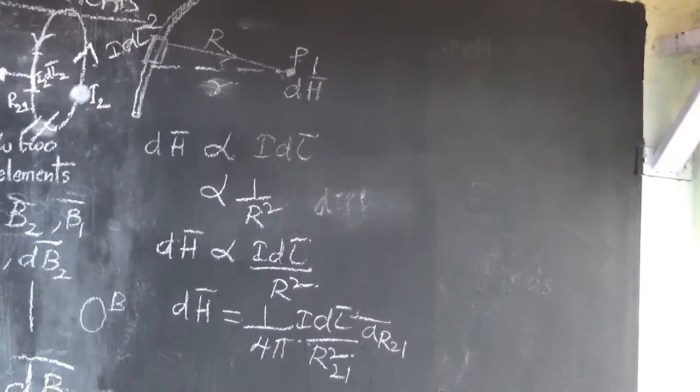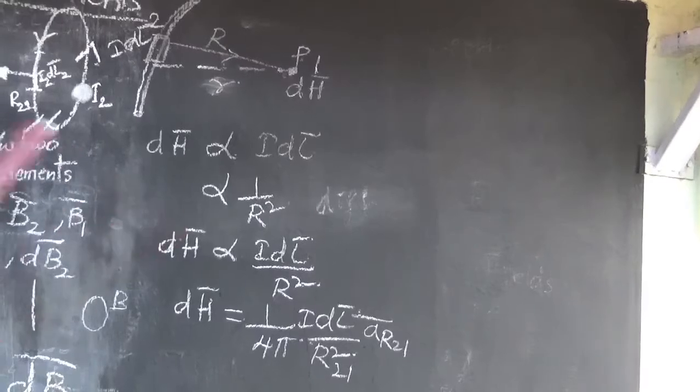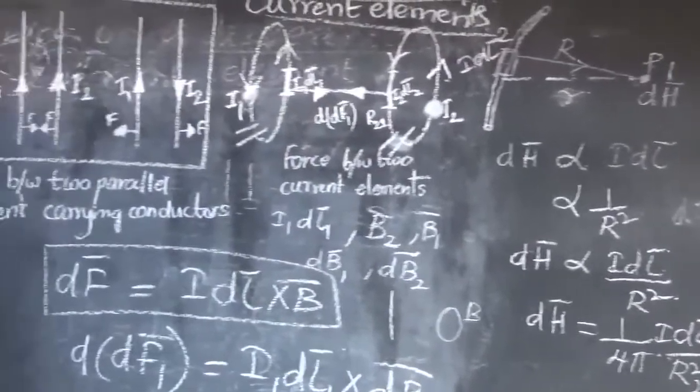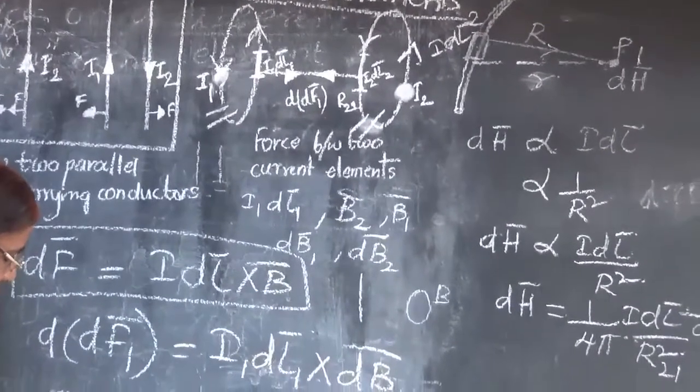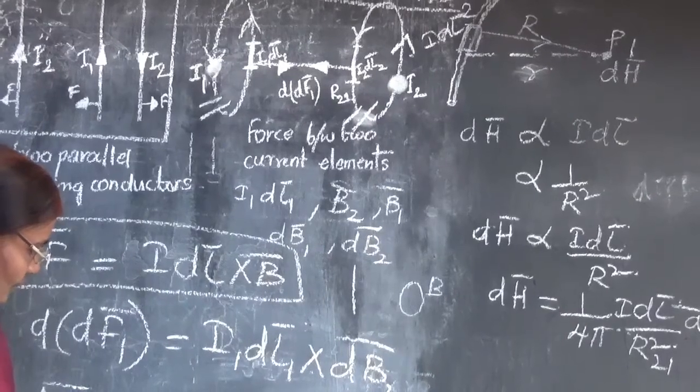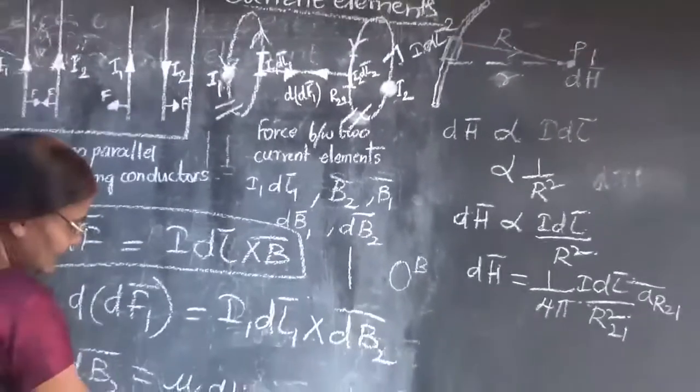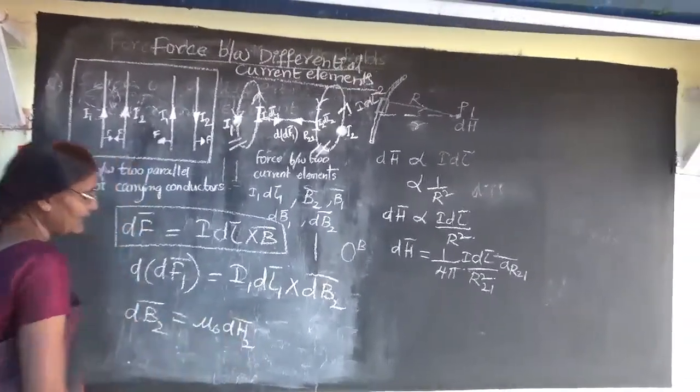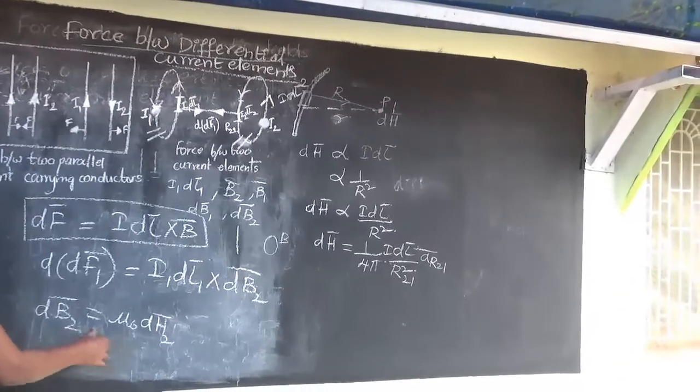By using this, which is called Biot-Savart's law, dB2 bar is nothing but mu naught dH2 bar. So this is the relation between these two.